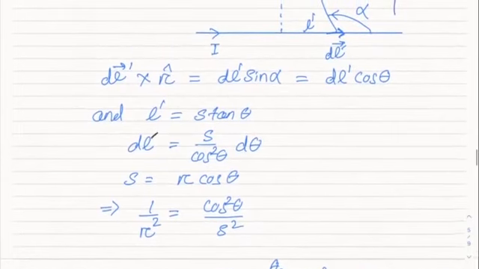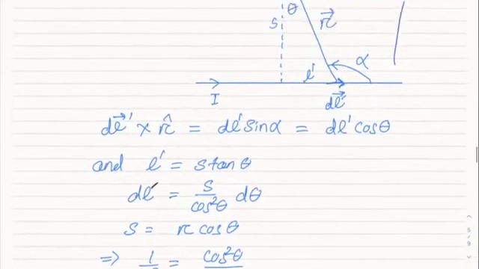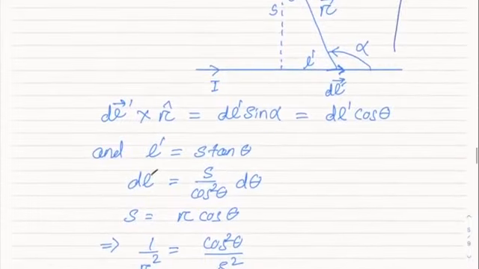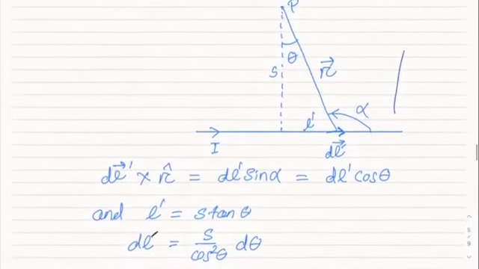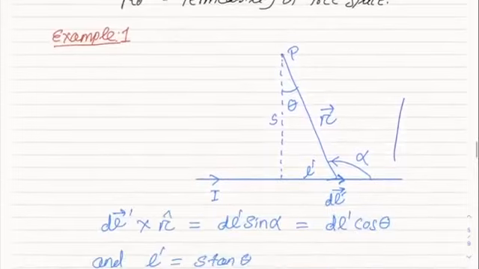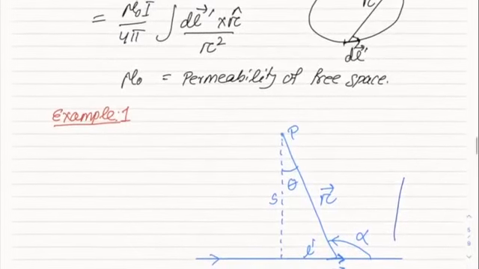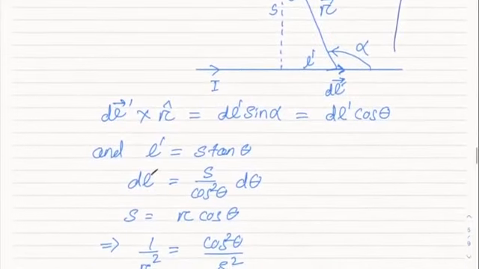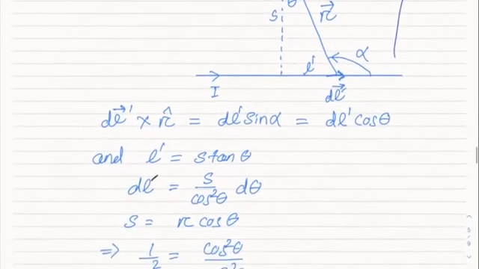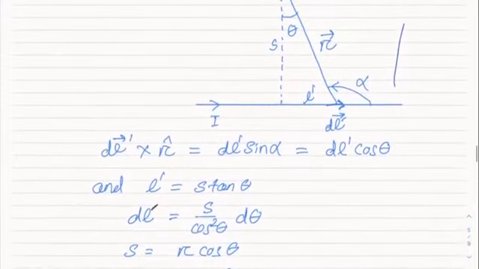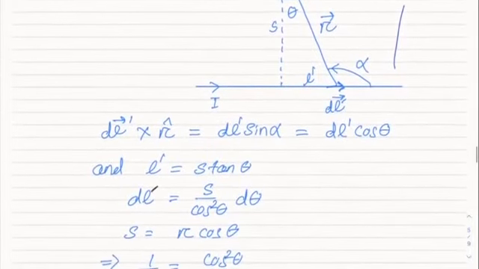Also S is nothing but your r cos theta. So now you have all the things ready to plug into the integration. You have dl prime cross r cap, you know what it is. Then your 1 over r square is nothing but cos square theta by s square.